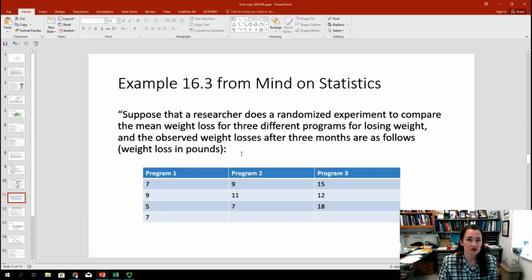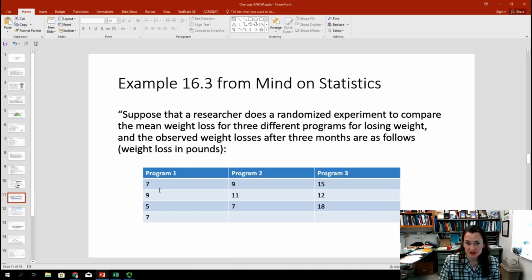Okay? So they're trying to get these folks to lose weight, and they're comparing 3 different programs for weight loss. Program number 1 has 4 members. Program number 2 has 3 members. And program number 3 also has 3 members. Okay? So there's 3 groups. And then the n sub i's for each one of the groups are 4, 3, and 3.